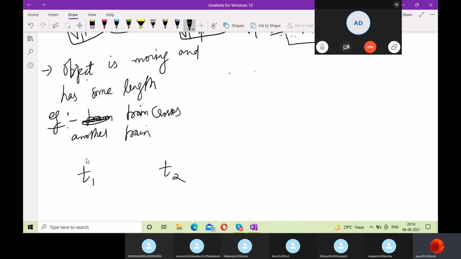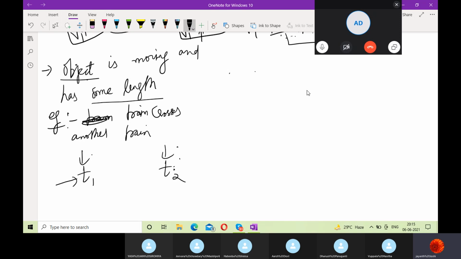They are asking us to find the time taken by train 1 to cross train 2. But the thing here what we know is this is a moving train and this is also a moving train, because the object is moving and has some length. So this train is moving and it also has some length. The same case which we discussed above.